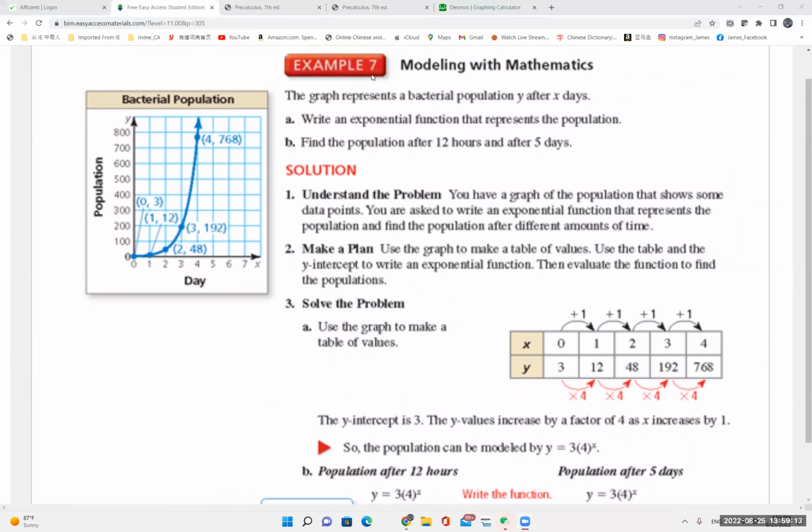Problem 7. In order to solve this kind of problem, as it mentioned, using an exponential function, you can think of it as y equals a times b to the x, right? Or even you can say there is plus c.